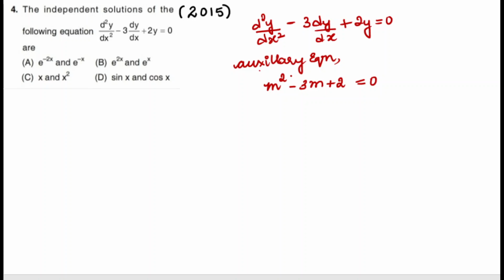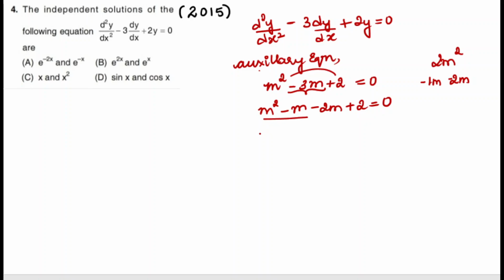Now I am going to solve this. It will be m square, and in the middle we have minus 3 times m. Splitting it, 1 times 2 is 2, minus m and minus 2m, so it will be minus 3m, right? So on substituting, instead of minus 3m, minus m minus 2m, which is one and the same, m square minus m minus 2m plus 2, that is equal to 0.